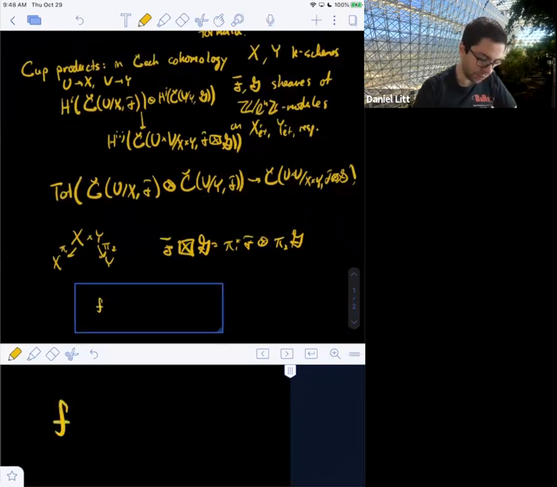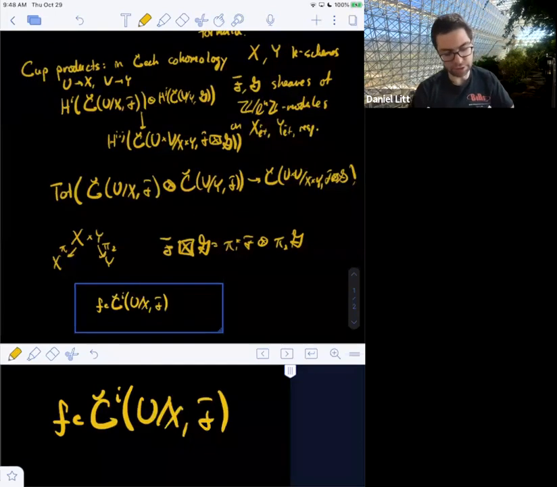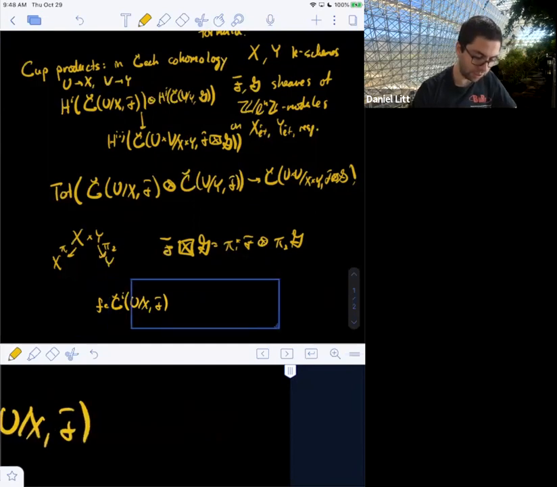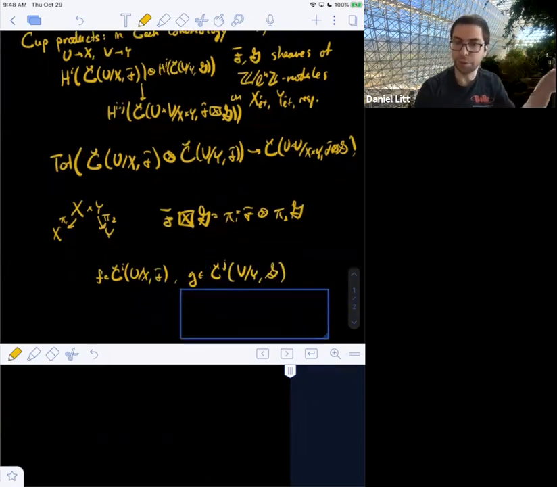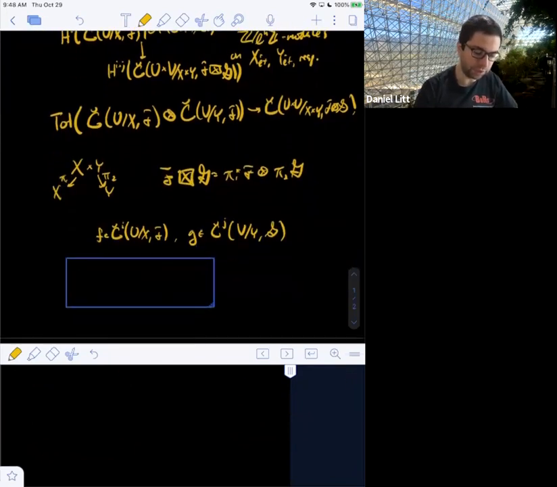So here given f, which is in C^i, sorry, the ith term of the Čech complex of F. So this is a section of the pullback of F to U cross U cross ... cross U, i times, over X, right? And given g in the Čech complex of V over Y, this is a section of G pulled back to some multiple fiber product of V over Y. Well, what do we get?